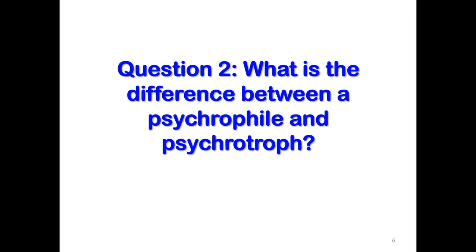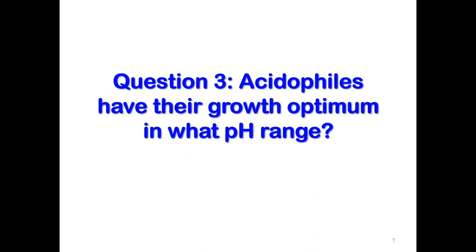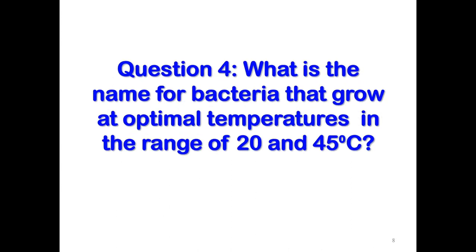And question 2, what is the difference between a psychrophile and a psychotroph? Question 3, acidophiles have their growth optimum in what pH range? Question 4, what is the name for bacteria that grow at optimal temperatures in the range of 20 and 45 degrees Celsius?